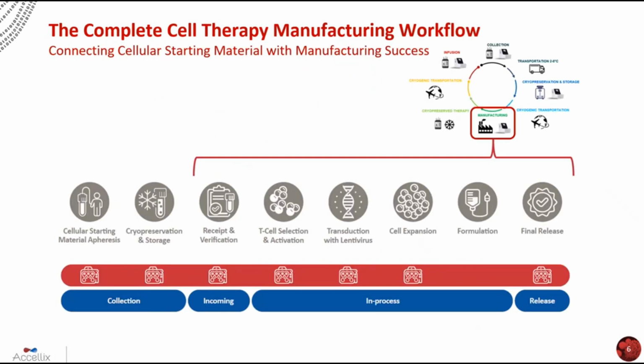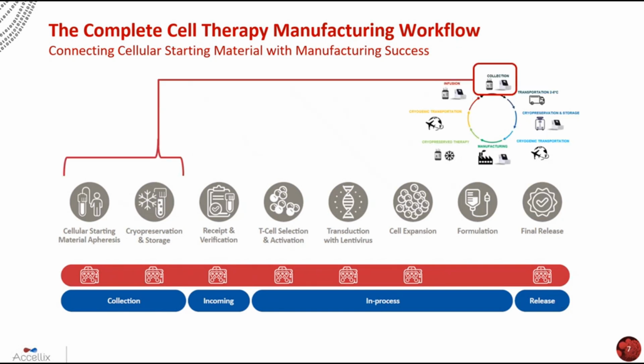If we do a very quick overview of the manufacturing workflow, illustrated here in this cartoon, the control of these materials is not only at the beginning, but also during the incoming quality controls, and in-process, so during the T-cell selection and activation, looking at the transduction for lentivirus and the cell expansion until the final release.